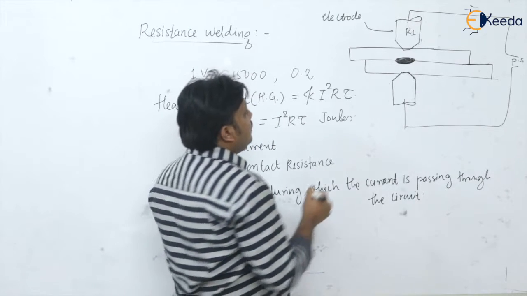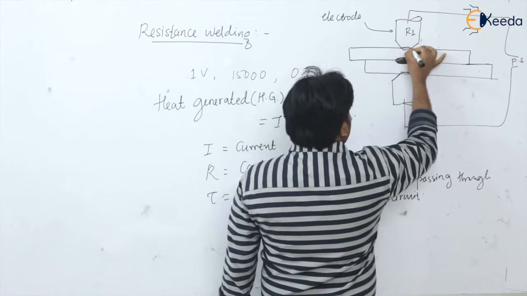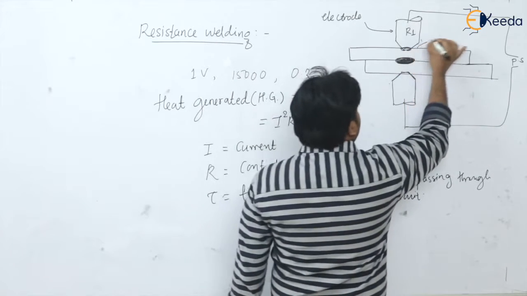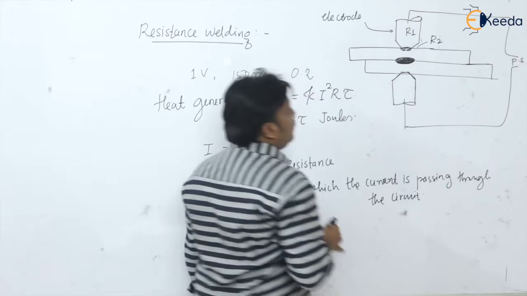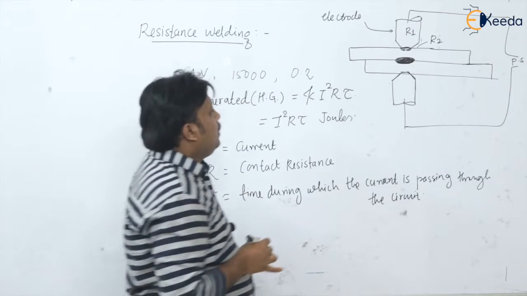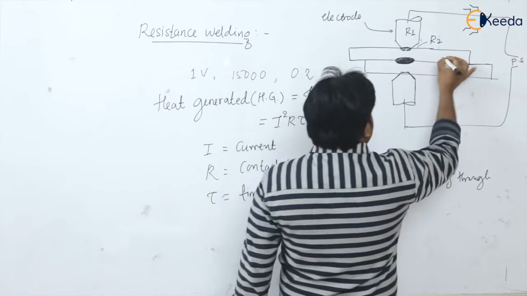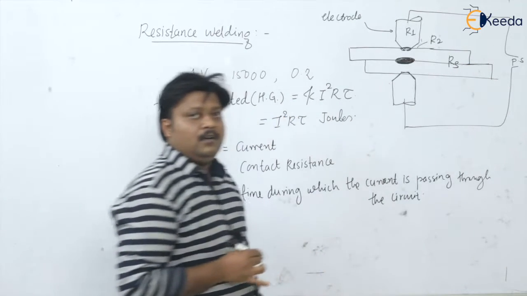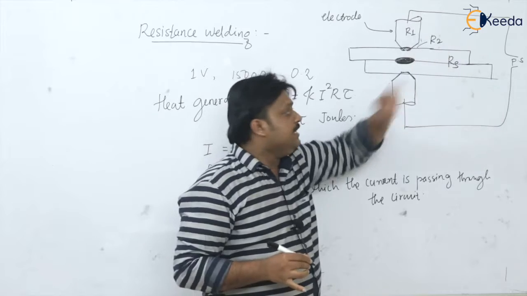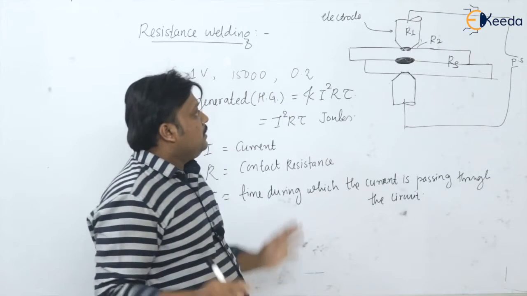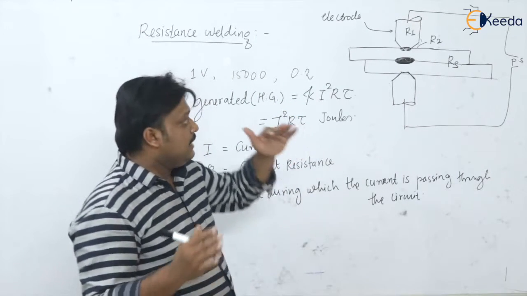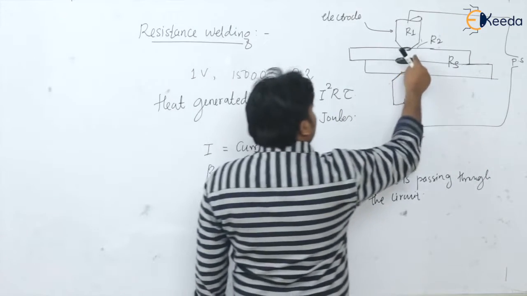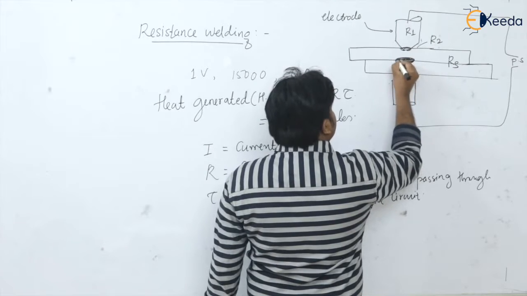Then we have the contact resistance of the electrode and plate, R2. Then the resistance of these plates, R3, and the contact resistance between these two plates, say R4.